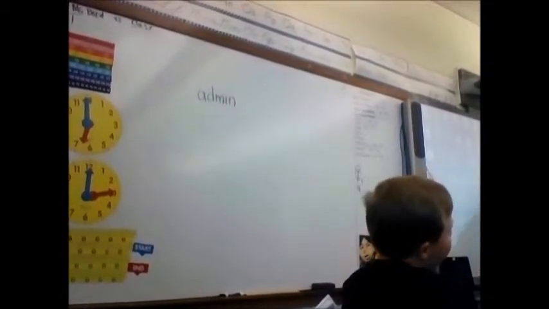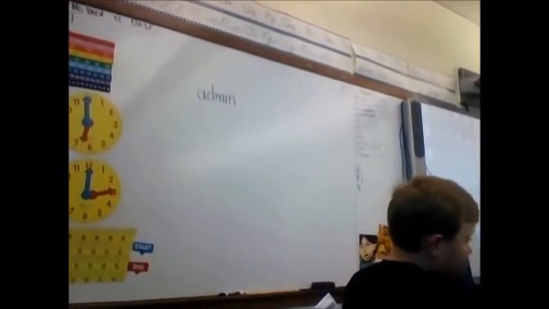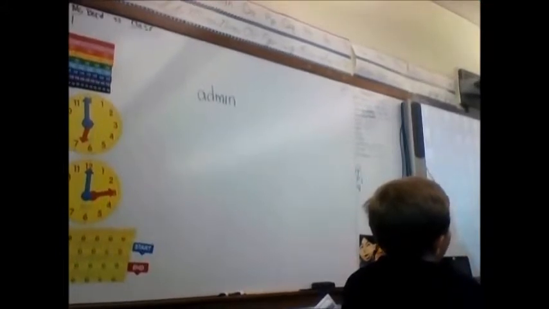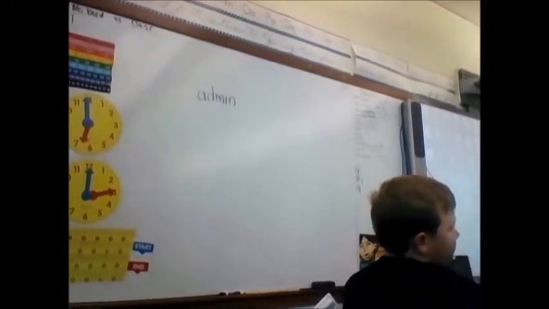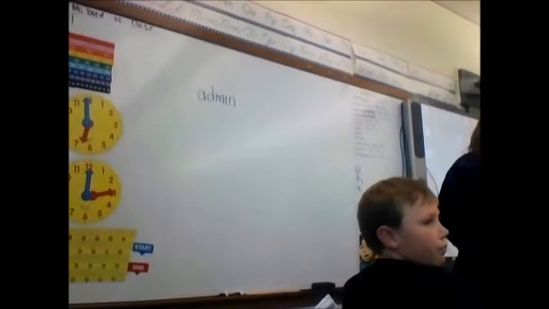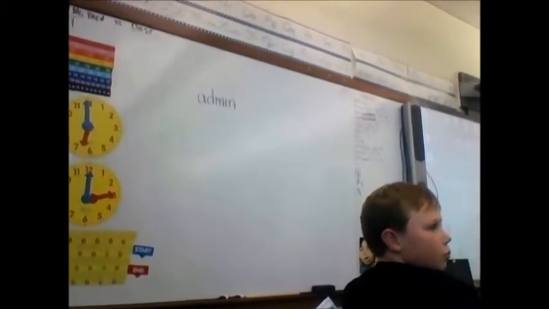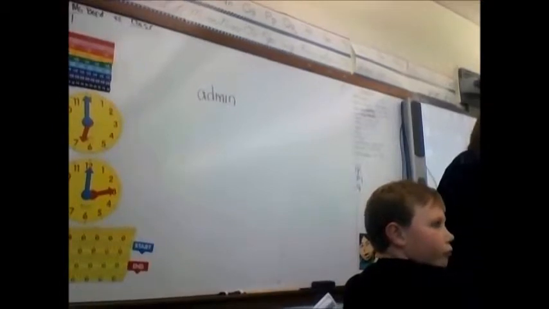Before spring break, we were discussing compound sentences and simple sentences. Is there anybody that can tell me what a compound sentence is? Jenny? A compound sentence is when you put two sentences together and use a conjunction word in the middle, like and, but, so, or.